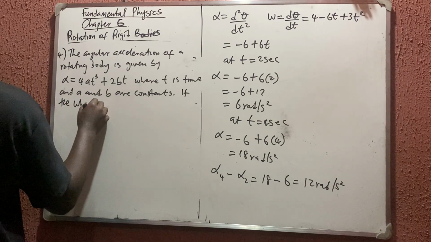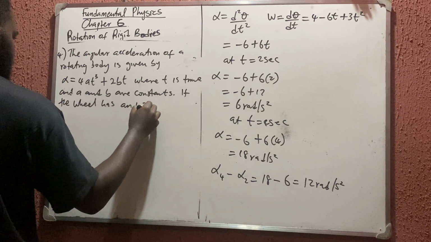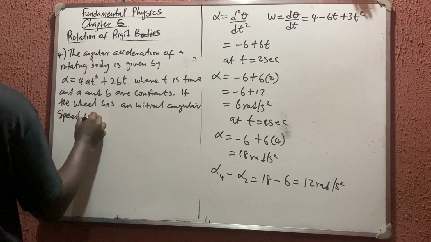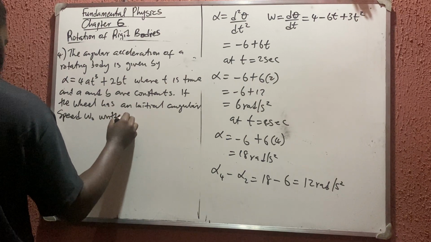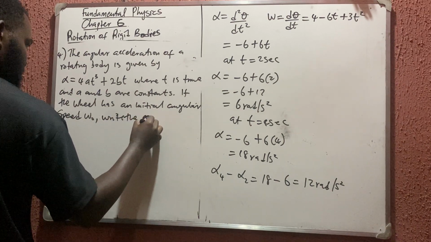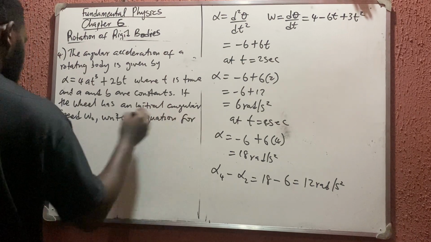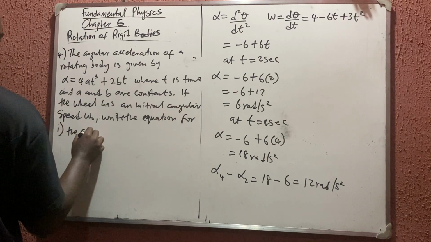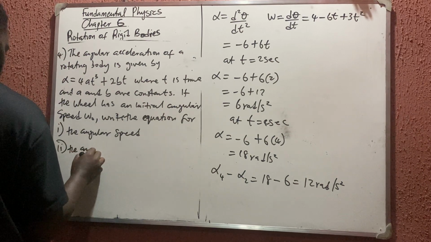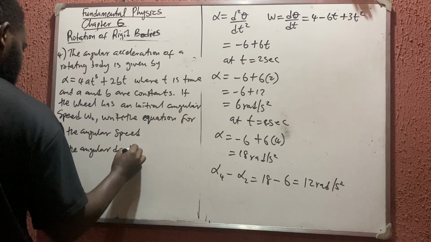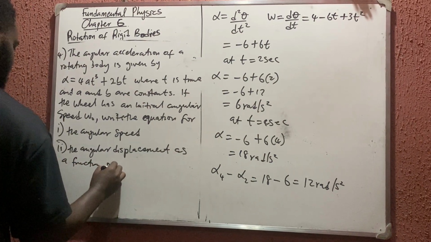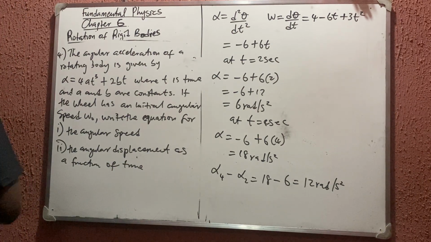Now say if the wheel has an initial angular speed w0, write the equation for the angular speed, and the angular displacement, as a function of time.